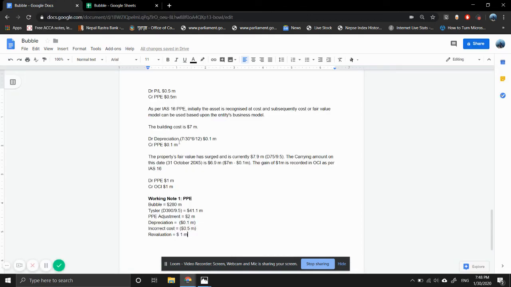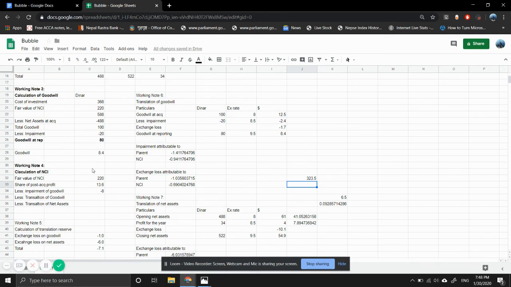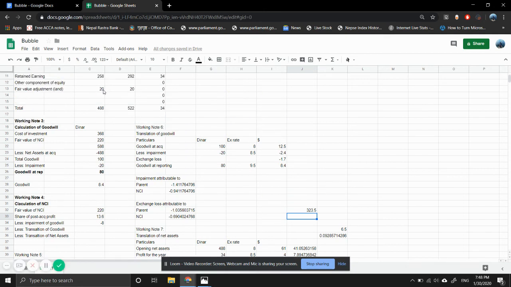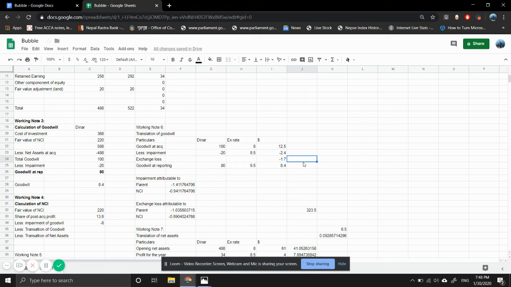It should be more. I forgot something. There should be something. This one, fair value adjustment, 20 million as well, right? And then fair value adjustment, this should be dinar 20 divided by 9.5, which gives us 2.10, right?